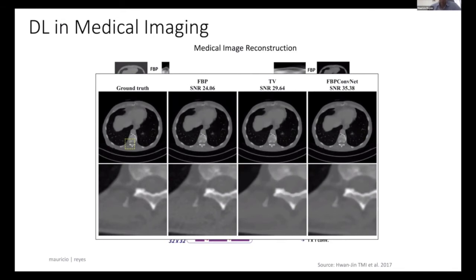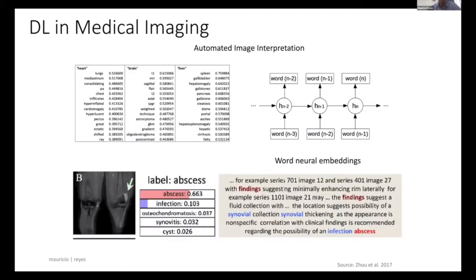Other uses, and this is very interesting, are where people now start combining information. You see here a network where you have the reports. The reports are processed by a recurrent neural network. This is a stream of information, so words, and the system starts analyzing the position of the words and the relative positions between words.